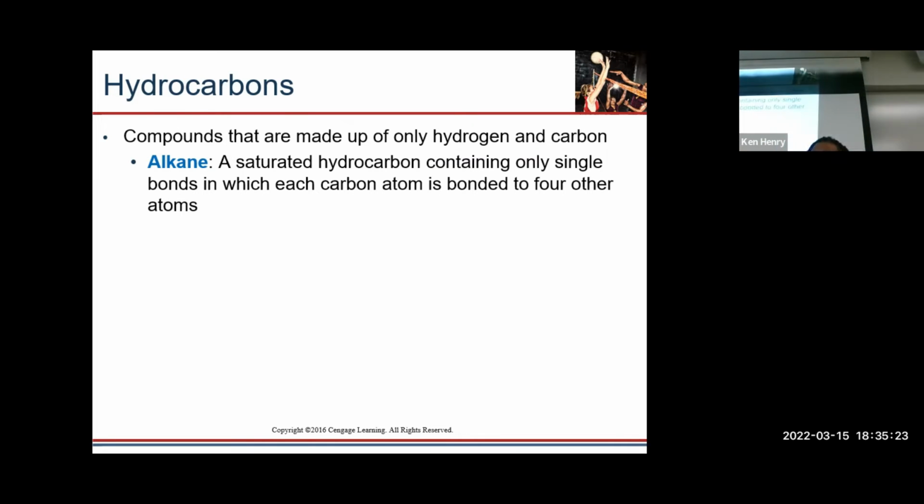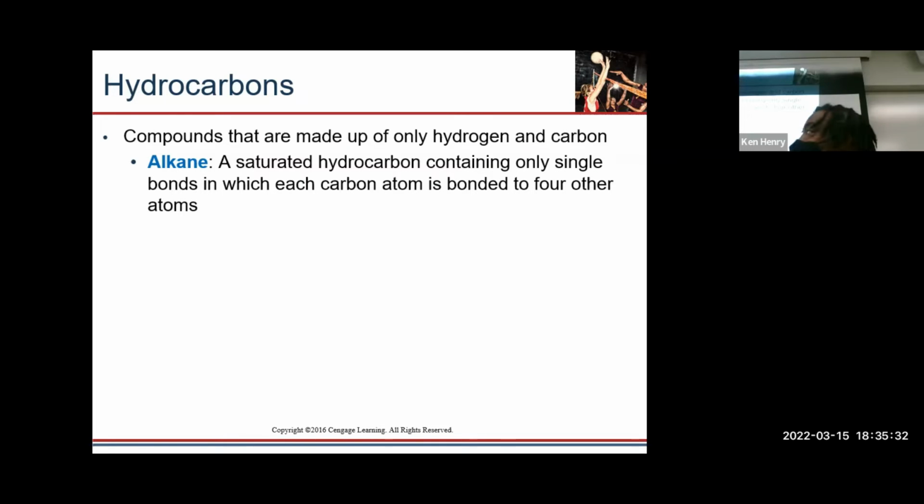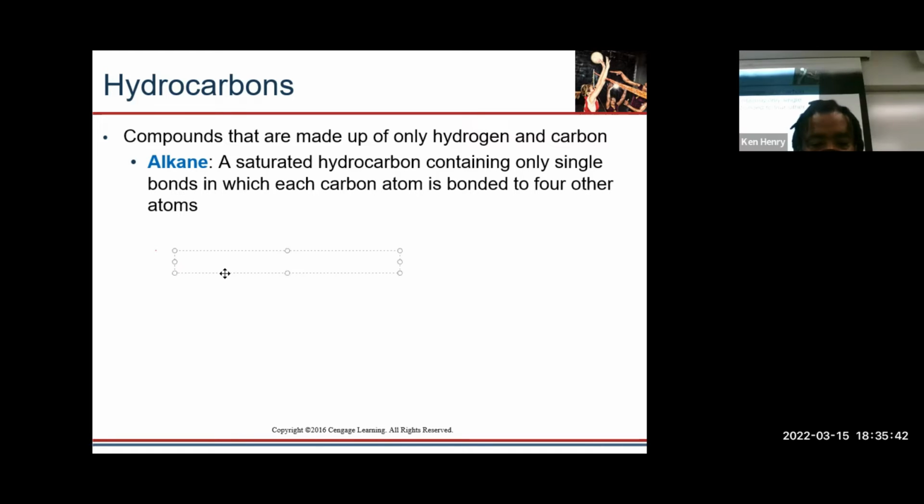Alkanes, alkenes, and alkynes. What is the difference? Bonds. Okay? So specifically, alkanes, how many bonds? Single. They're all single bonds. Alkenes, double, at least one double bond.